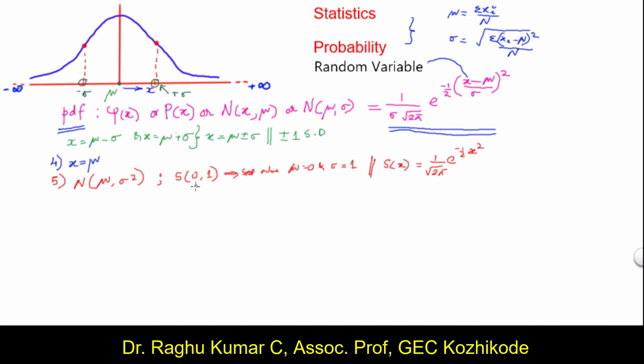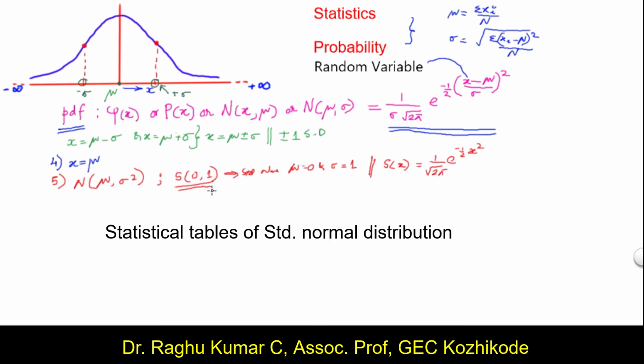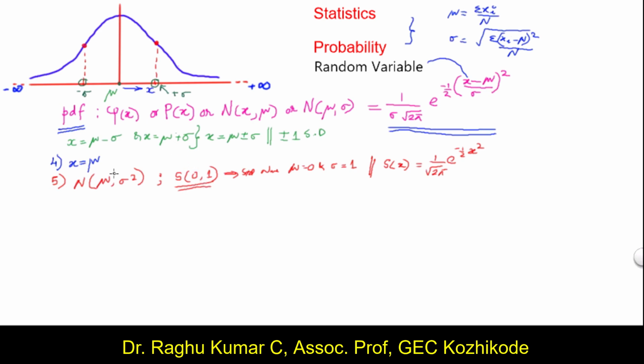Now the standard normal distribution is of great use in calculations, and tables, if you require them, are generally made available in this standard normal format. By knowing the values of mu and sigma, you can simply project it to the original normal distribution.